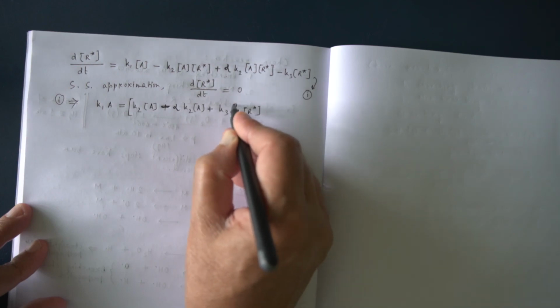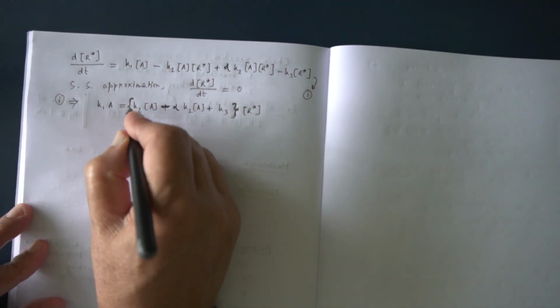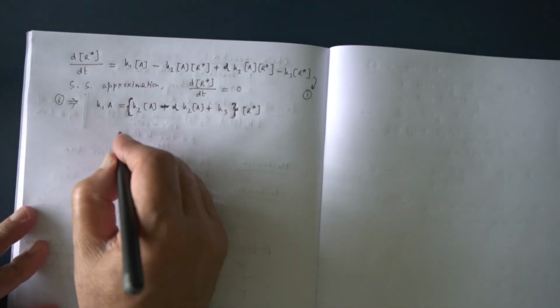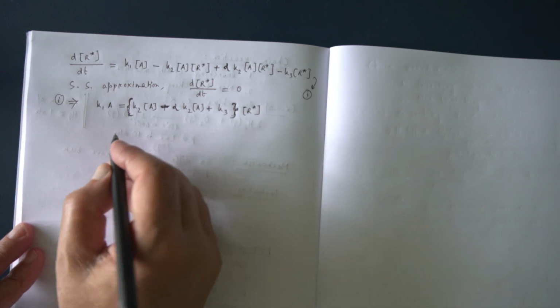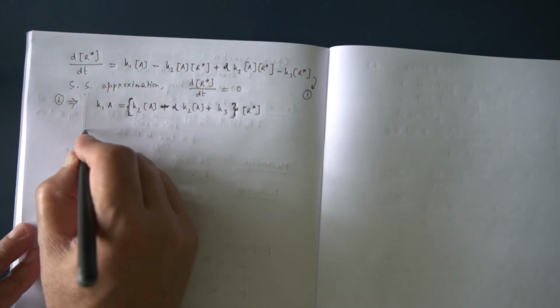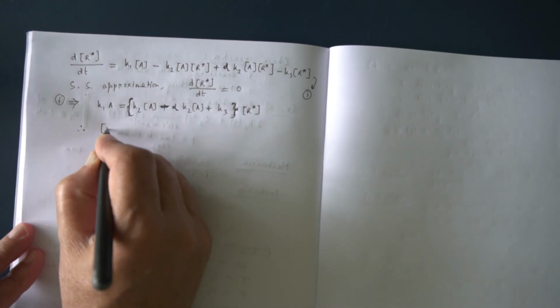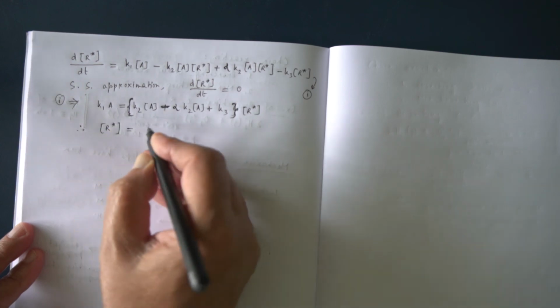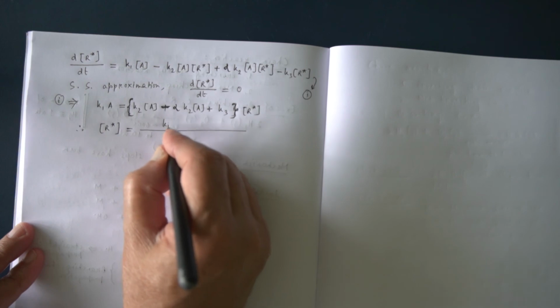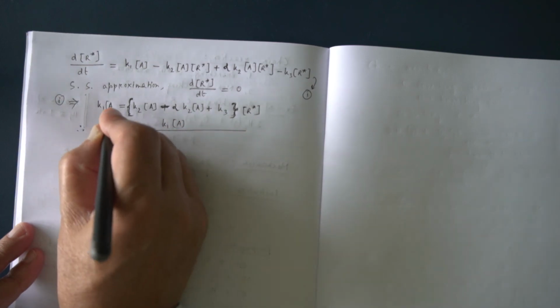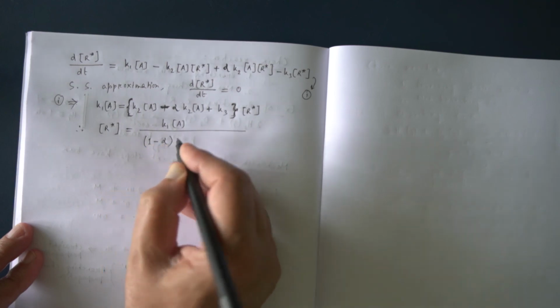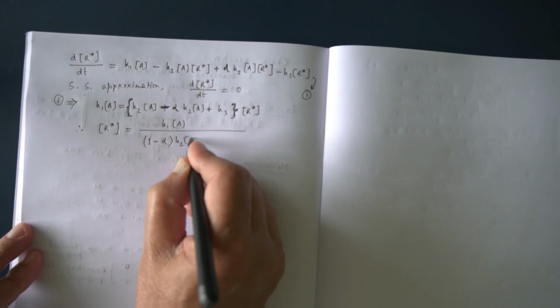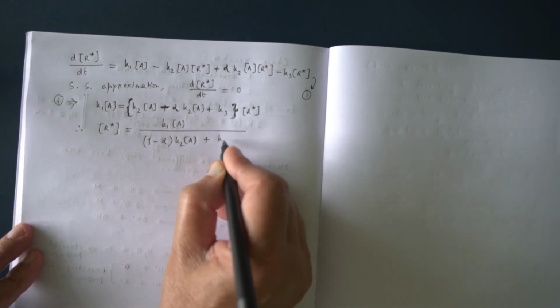Let me use this bracket just to remove confusion. So r is equal to k1a divided by (1 minus alpha) k2a plus k3.